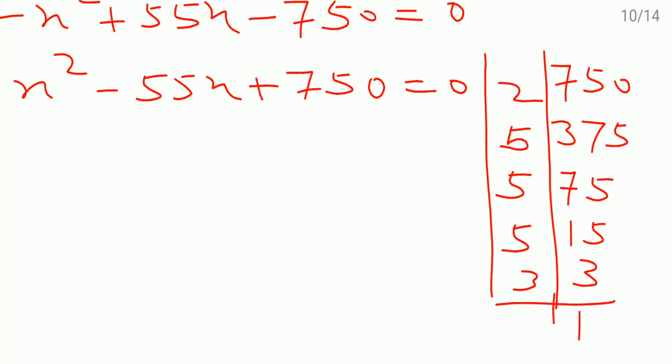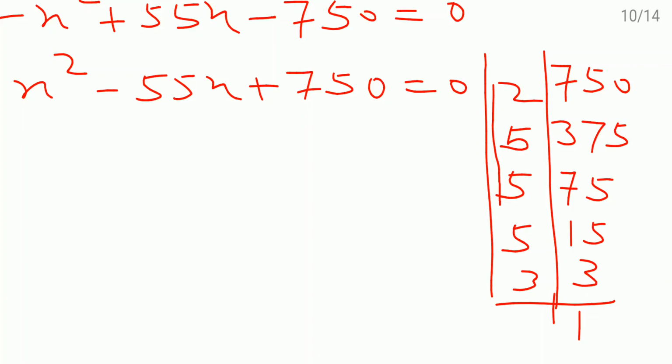Right. Now we have to do the grouping. We have to do the grouping such that the sum should come minus 55 and product should come 750. Correct? So 2 groups we need to do. So if I do here, 5 5s are 25 and 2 50. So 50 and this one is 15. 50 and 15. If I do the addition, it doesn't come minus 55. Right? Even the subtraction doesn't come minus 55.